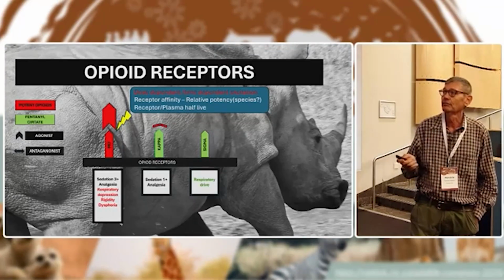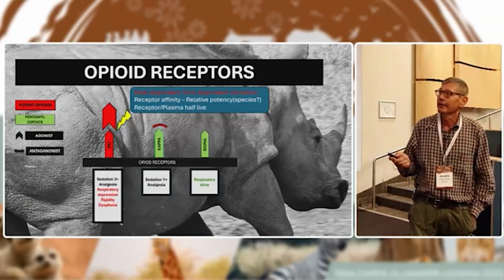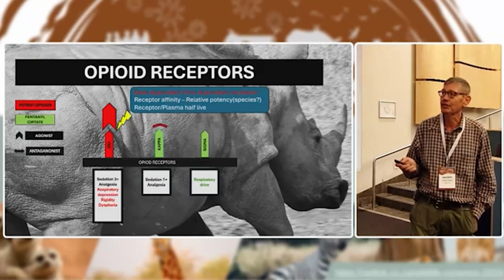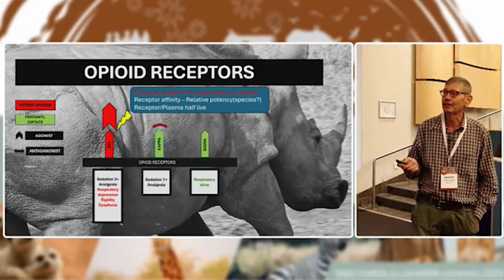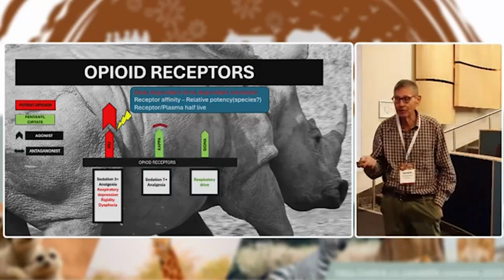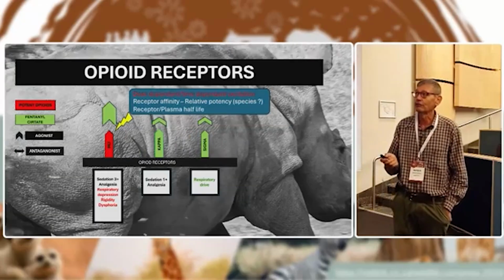Basically, with the more potent opioids, you've got a very strong dose-dependent mu receptor binding and some binding on the kappa and sigma receptors. That will give you your sedation, but it gives you the respiratory depression, the rigidity and dysphoria, which are the negative effects that you want as little as possible of.